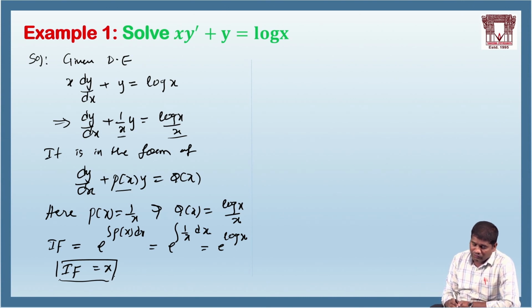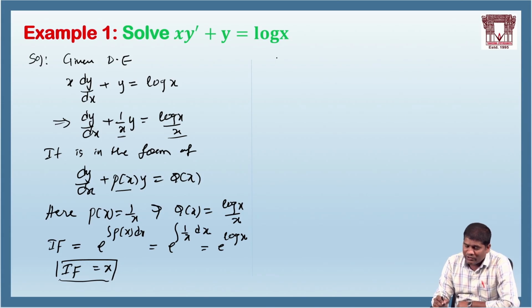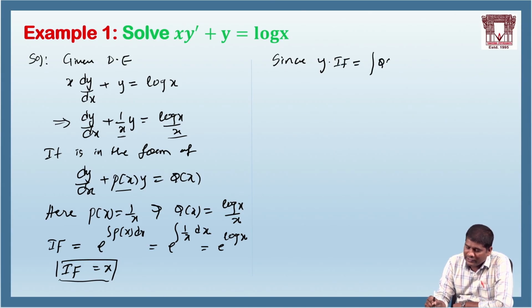Now we are writing the general solution. We know the general solution of the linear differential equation: y into integrating factor is equal to integral of the right hand side function q of x into integrating factor into dx plus c.